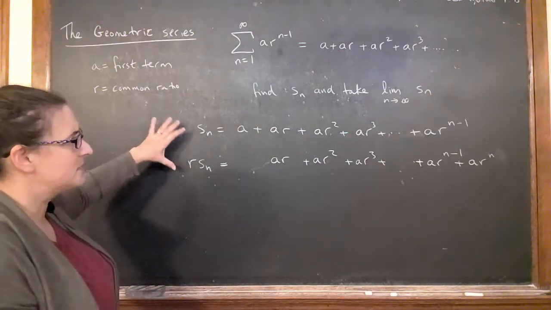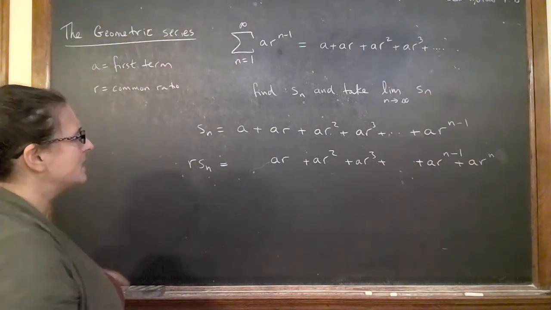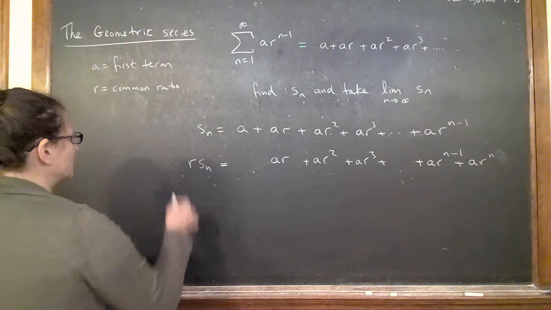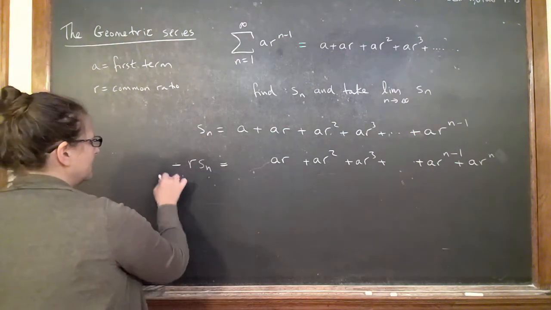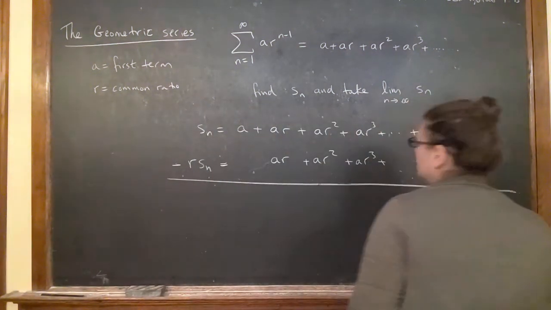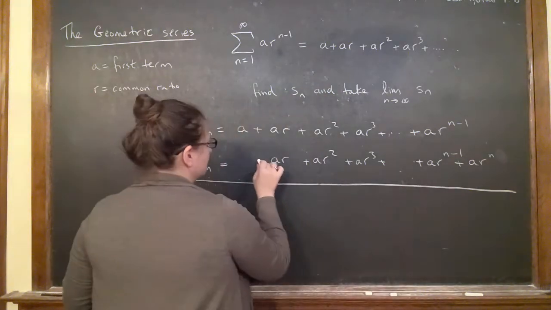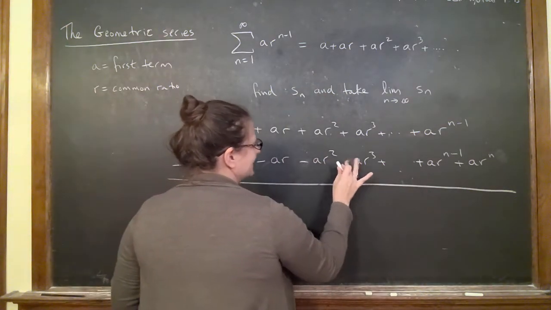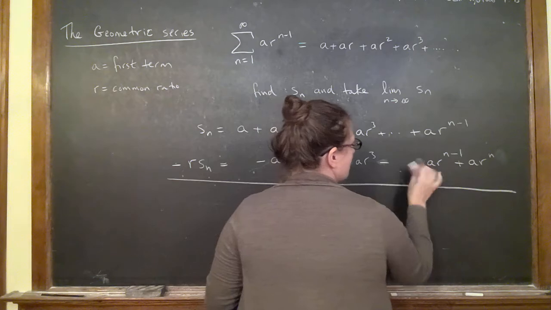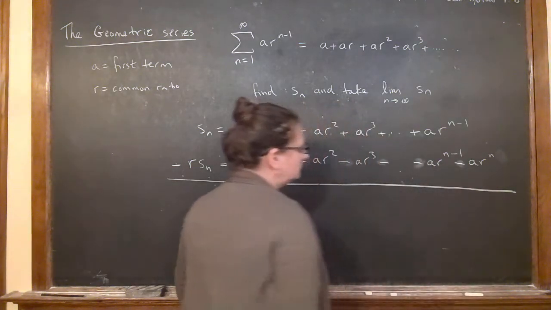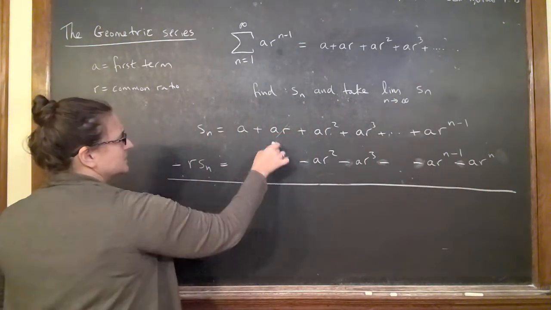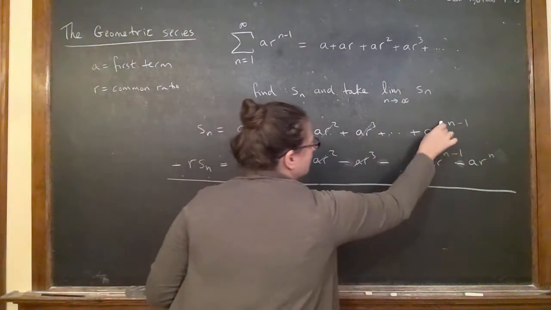Anyhow, I've got these two equations, and the idea is to subtract the second equation from the first. So all these become minuses, and all these terms cancel out because they're the same.